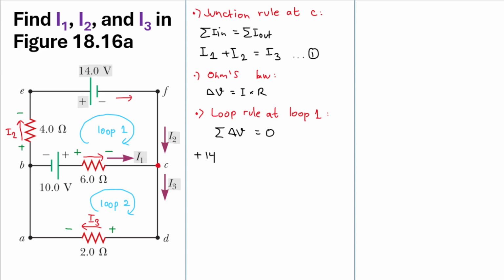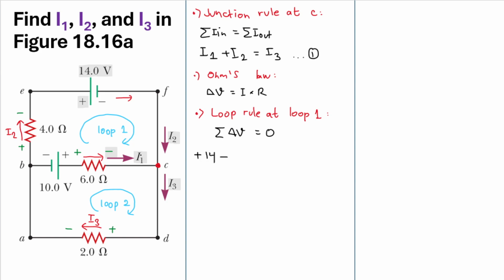And then let's move on. The loop will go into this resistor here, but it is entering from the negative side, so I will have a minus sign. But then we have a resistor here, so we need to apply Ohm's law, which is the current times resistance. And what is the current?